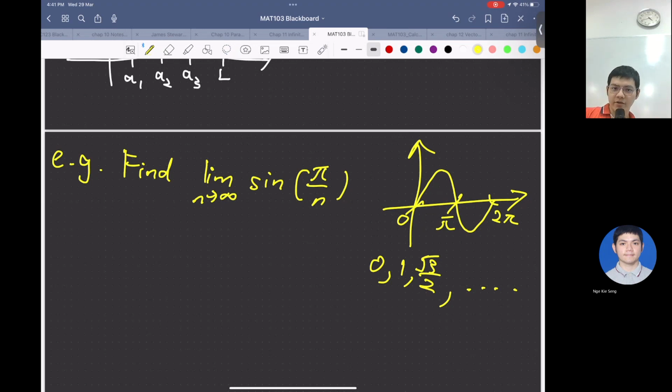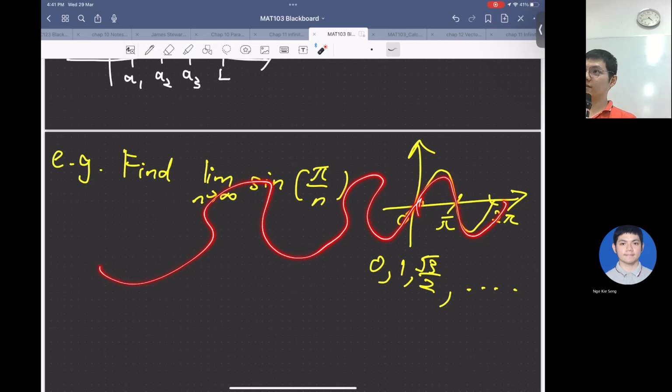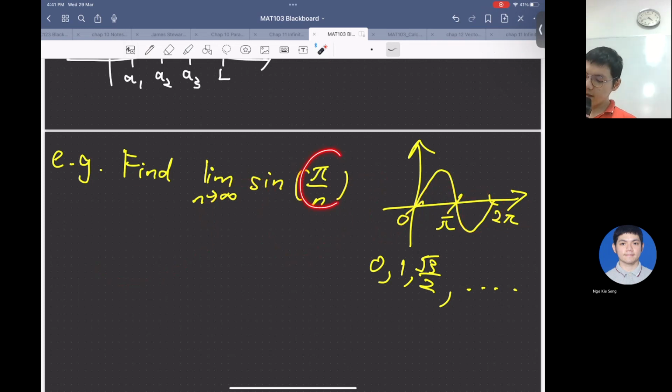So you can use the theorem we have. Sine is a continuous function, continuous everywhere. Inside here we have a sequence: pi over 1, pi over 2, pi over 3, and so on up to pi over 8.